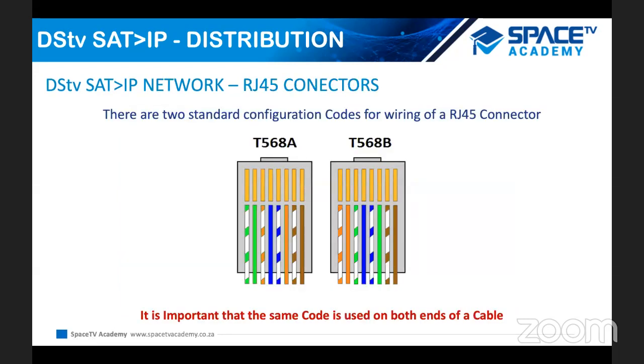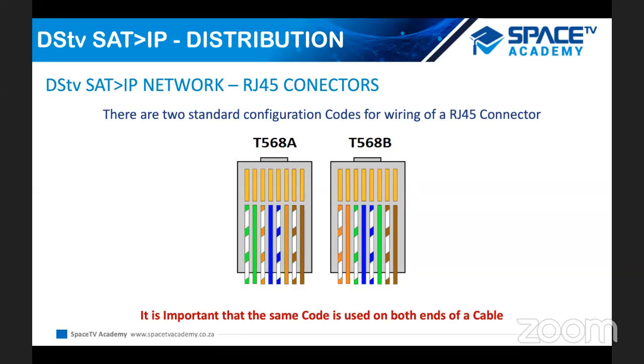Then when you are adding the RJ45 connectors to your Cat 5e or Cat 6 cable, once again, there are two specific wiring codes, the T568A and the T568B. B is more commonly used, but you could use either. It's just important that you use the same on both ends.